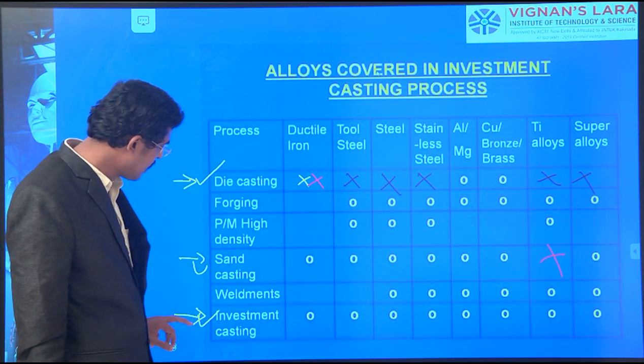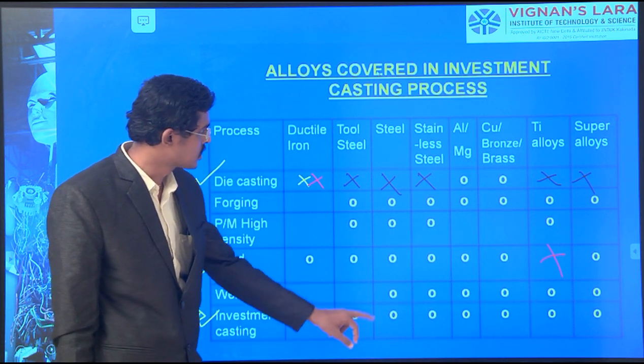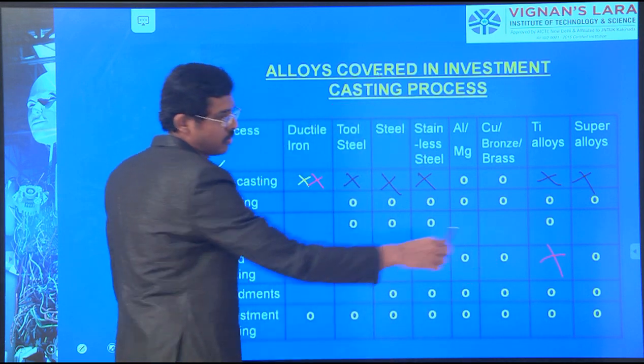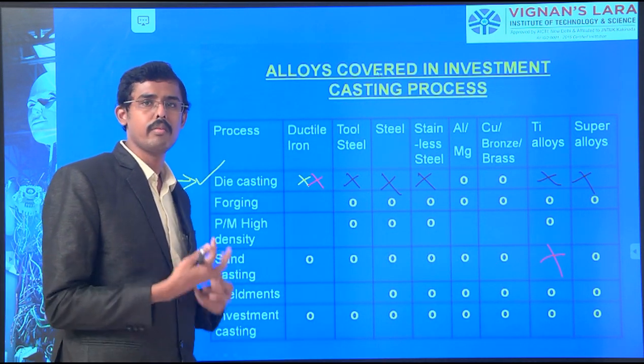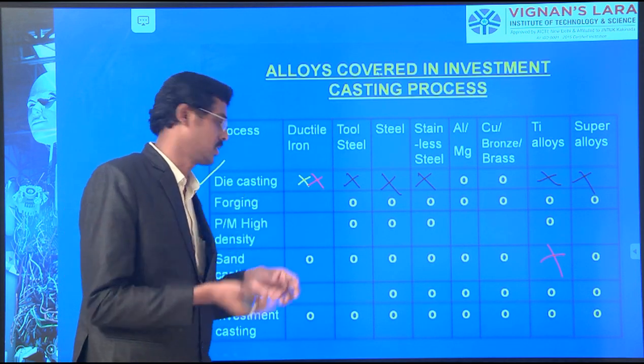But in investment casting, everything is possible: ductile iron, tool steel, stainless steel, aluminum, copper, titanium, superalloys, all are possible. So every metal and alloy can be made by the investment casting process. So it has advantages.